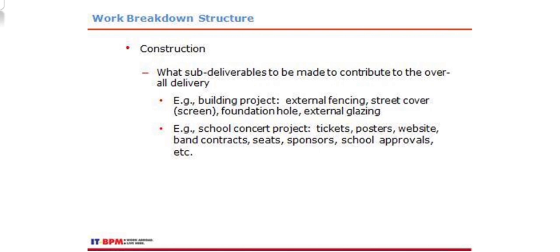An example of a construction is a building project: external fencing, street cover, foundation hall, external glazing. For a school concert project: tickets, poster, website, band contract, seats, sponsor, school approvals, etc. These are examples of construction.